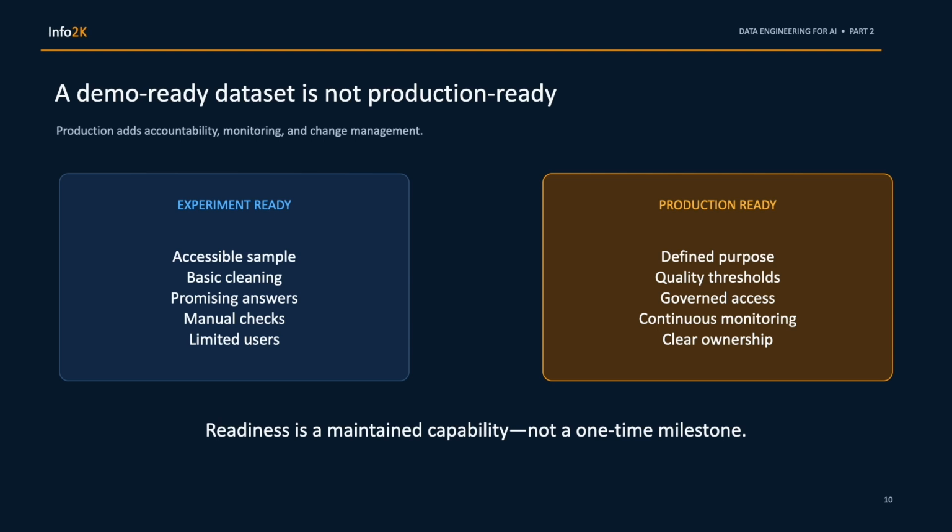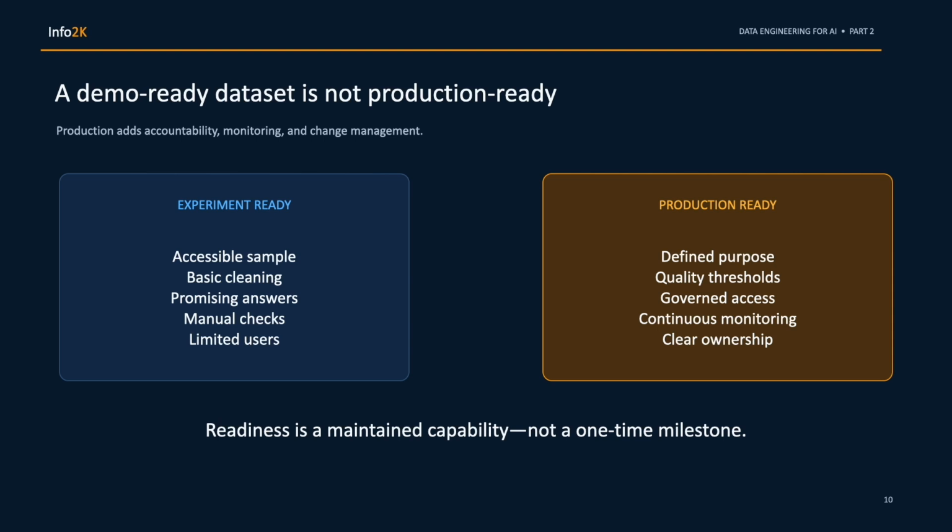The purpose must be clearly defined so success and failure can be measured. Quality thresholds must be explicit. Access must be governed and enforced. Monitoring must continue after deployment, and ownership must be clear when something goes wrong.